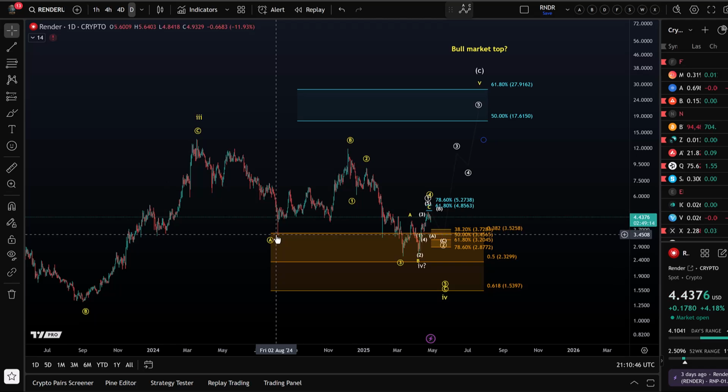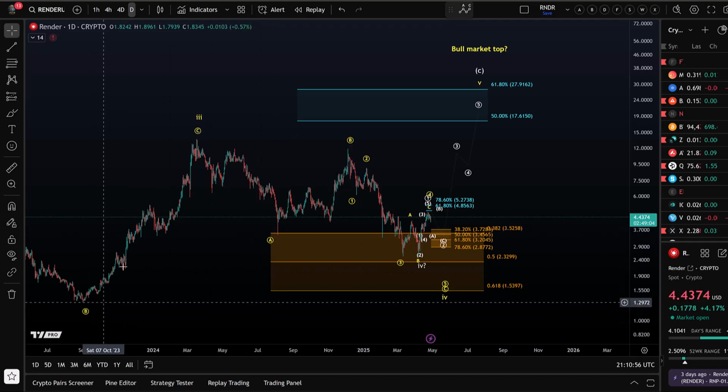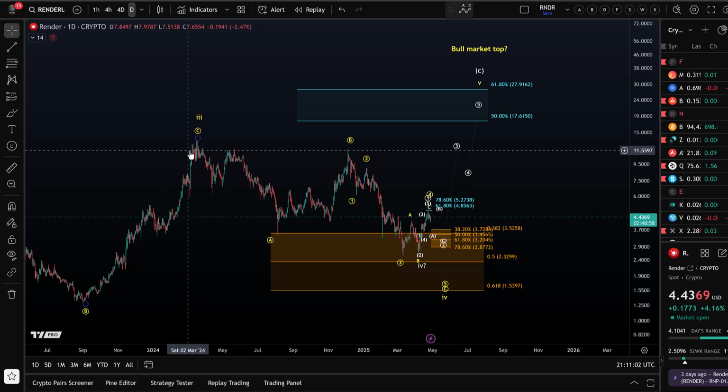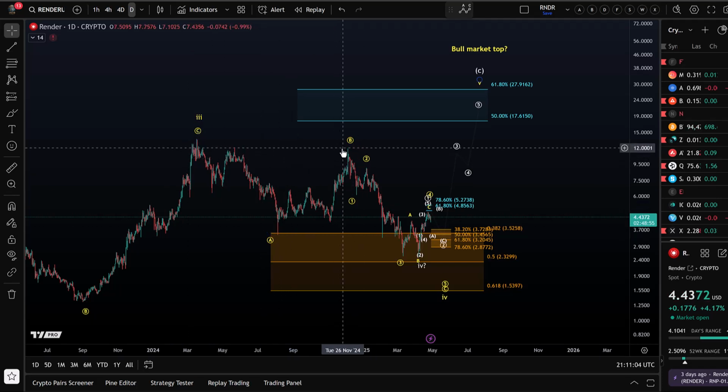And the A wave element finished in August last year, pretty much when it reached the 38.2 retracement of the third wave. And it was already potential for the price to rally from there, and it did. It just didn't form a new high and didn't form five waves up.